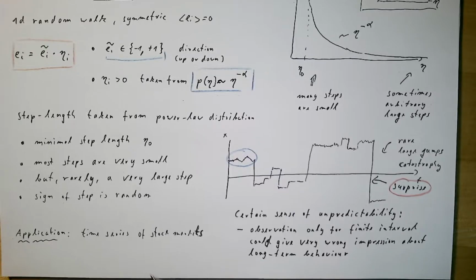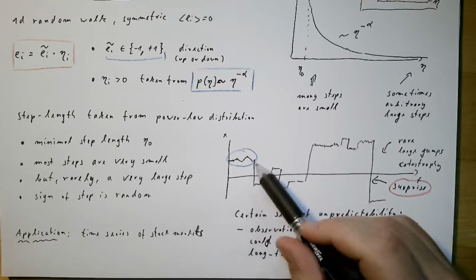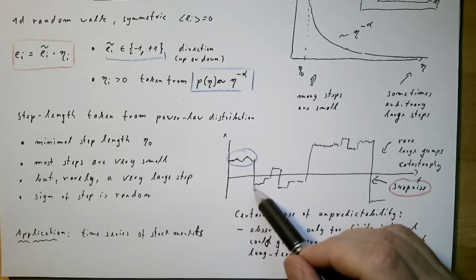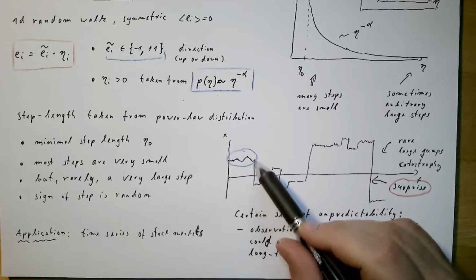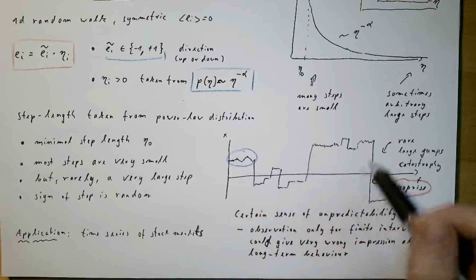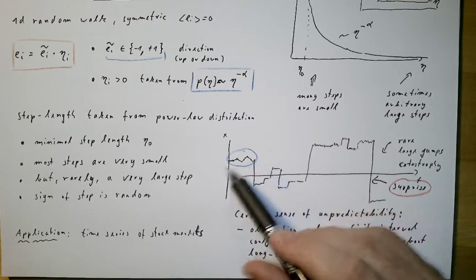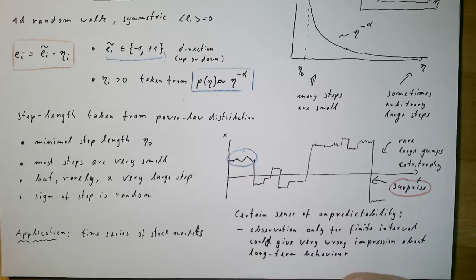But not uncommonly, these experts fail to see these large jumps because these jumps have an origin in processes which they don't see. Not necessarily, so the origin of these big jumps is not necessarily the same origin as the small-term behavior.